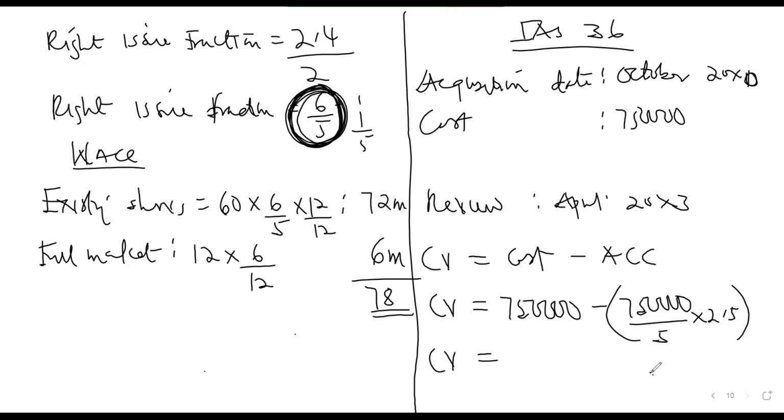I'm getting 750,000 minus 375,000. So the carrying value will be 375,000.